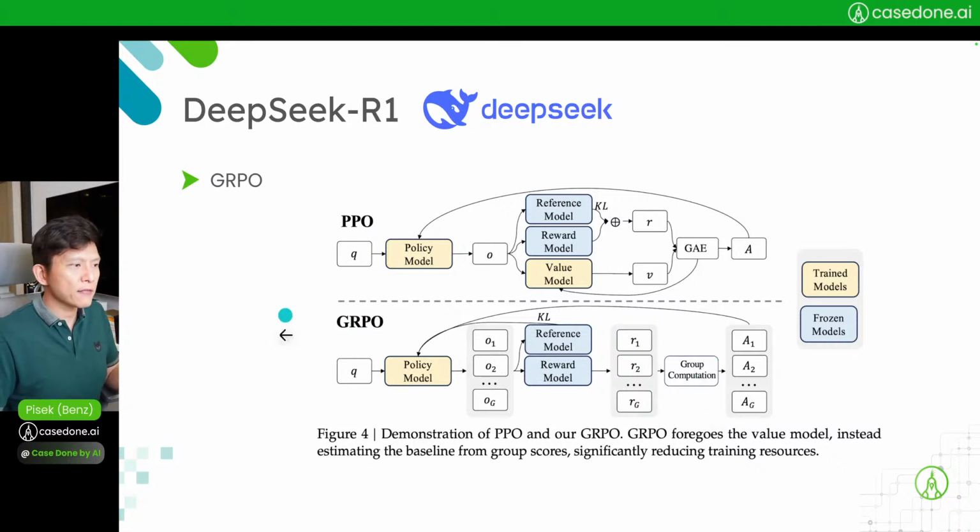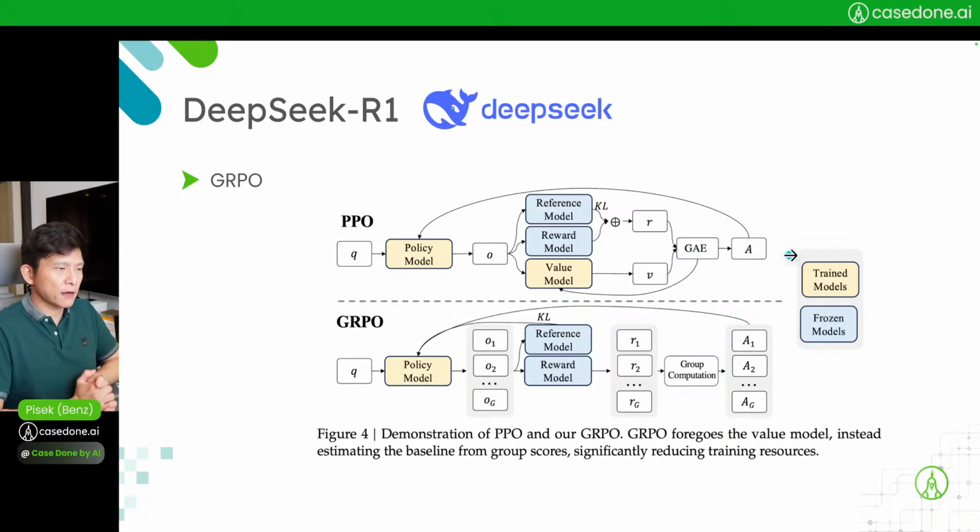The main thing to take away from this picture is that with the old ways of training or fine-tuning the model in the last step, in the PPO version, you need to train two models, the policy model and the value model, which is needed to compute the advantage.